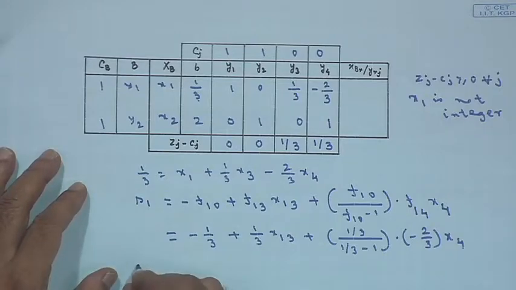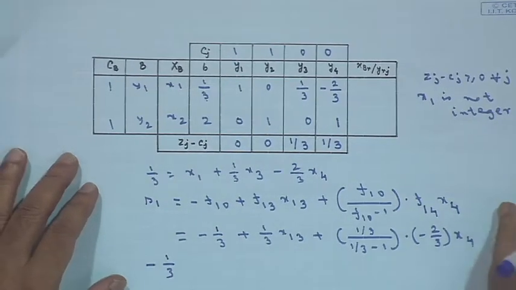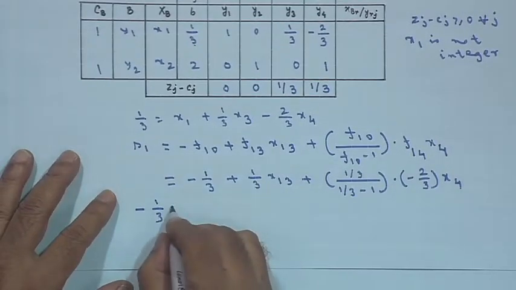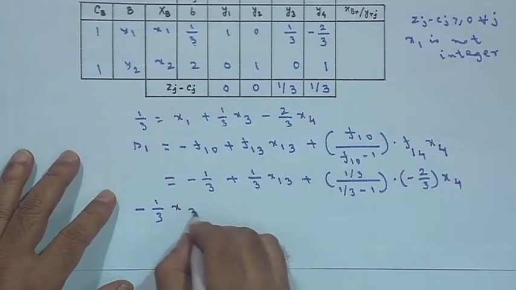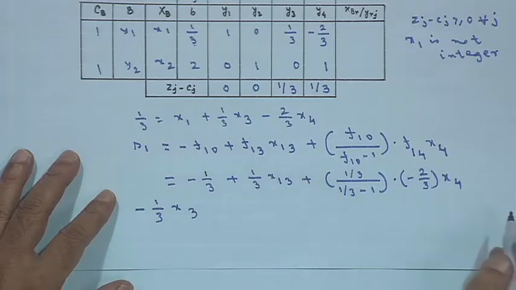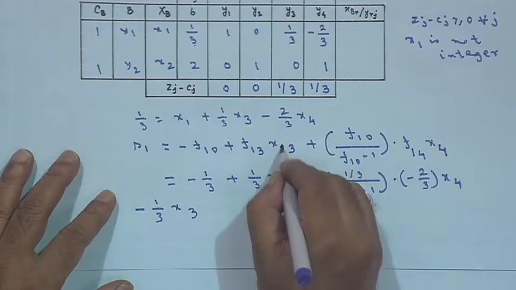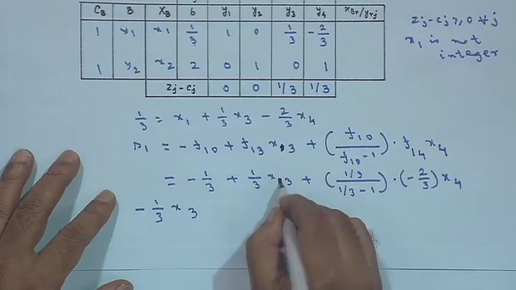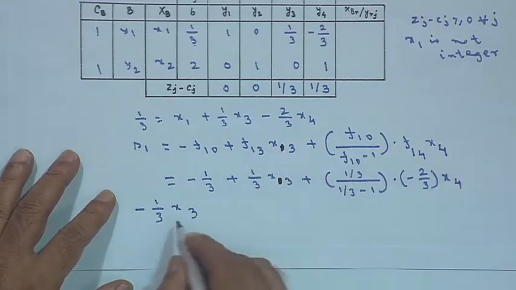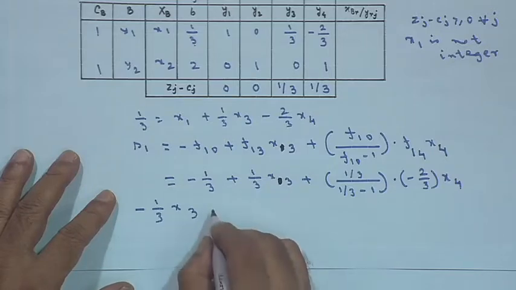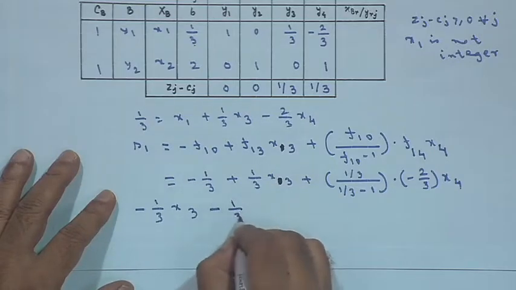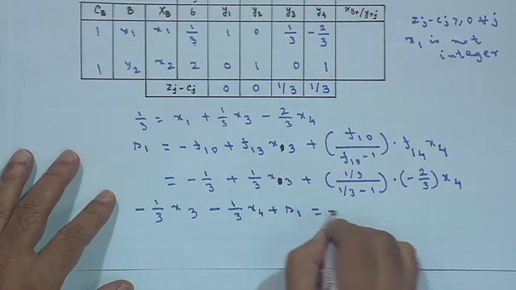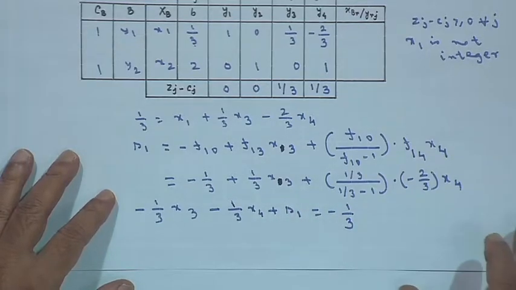By simplification, I can write it as minus 1/3 x 3, sorry, this is not x 13, this will be x 3 and this is x 4, so minus 1/3 x 3 minus 1/3 x 4 plus S 1 equals minus 1/3.